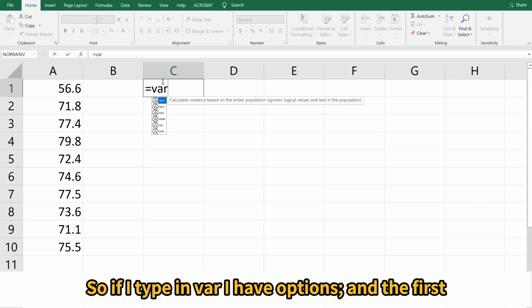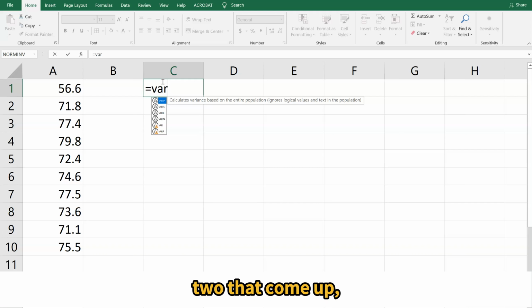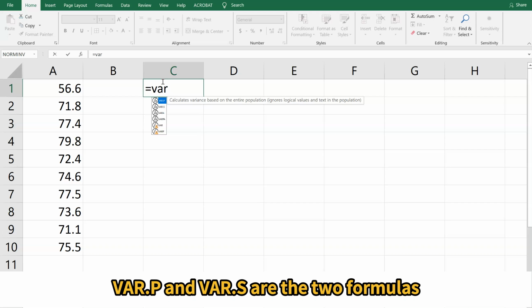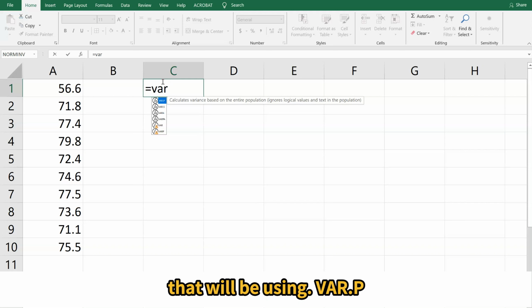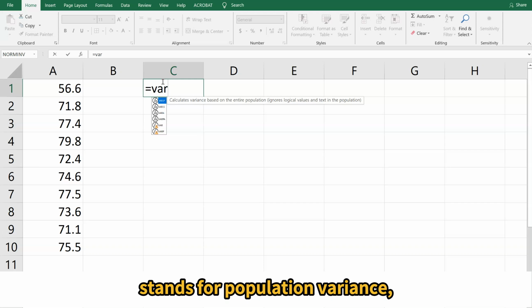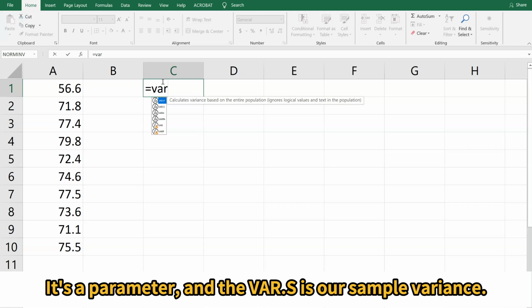So if I type in VAR, I have options. And the first two that come up, var.p and var.s, are the two formulas that we'll be using. var.p stands for population variance, it's a parameter, and the var.s is our sample variance.